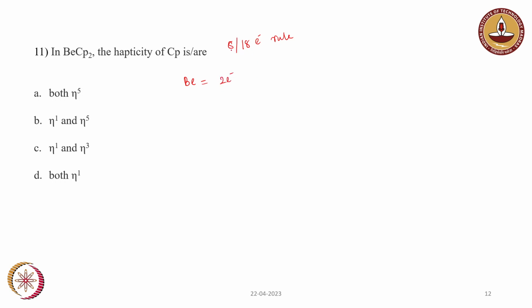To become an 8 electron species, it needs 6 more electrons, so 8 minus 2 is 6 electrons needed. It will be provided from 2 Cp groups. So 6 can be obtained as 3 plus 3, or 5 plus 1, or 4 plus 2. So all three configurations are possible.